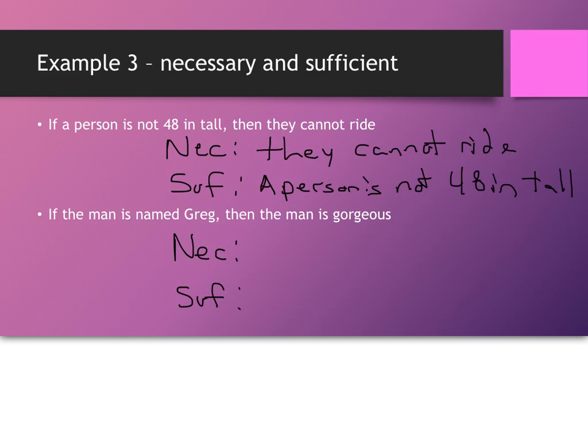By the way, if you were to rephrase this and say a person is not 48 inches tall is a sufficient, and then say a person cannot ride is a necessary, that's okay as well. So the point is, there are slightly different ways you can say this, or you can phrase almost every if-then statement a little bit differently and get those.